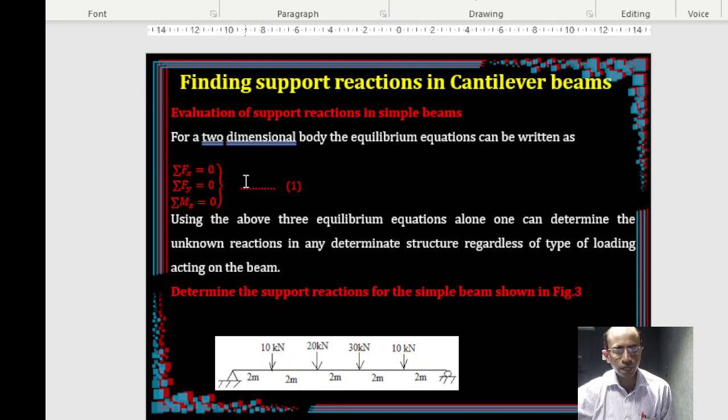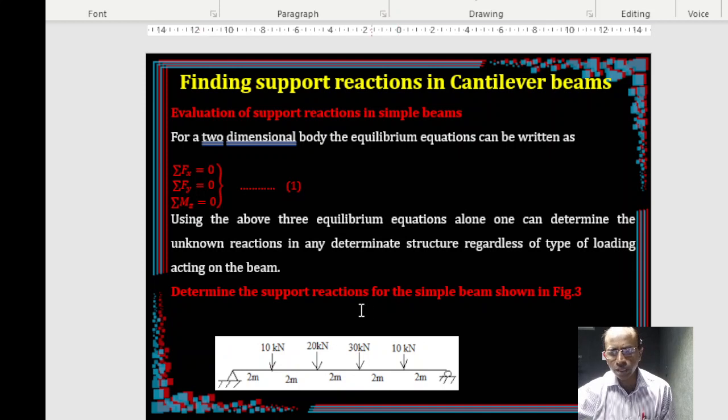As we studied in engineering mechanics, in rigid body motion, for the body to be in equilibrium, all the forces acting must be 0, and all the moments acting on the body must be 0. So totally you will be getting 6 equations, that is sigma Fx equal to 0, sigma Fy equal to 0, sigma Fz equal to 0, similarly sigma Mx, My and sigma Mz equal to 0. But for a two dimensional problem, we consider only three equilibrium equations, Fx, Fy and Mz. These are sufficient and necessary conditions for finding the equilibrium of a body.